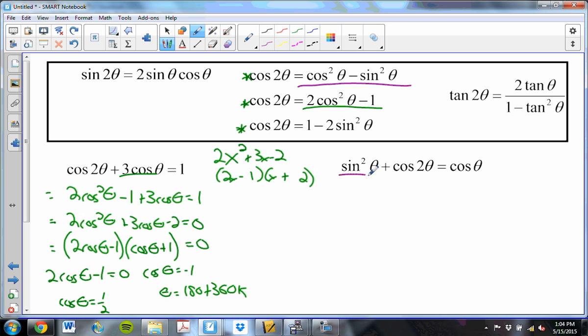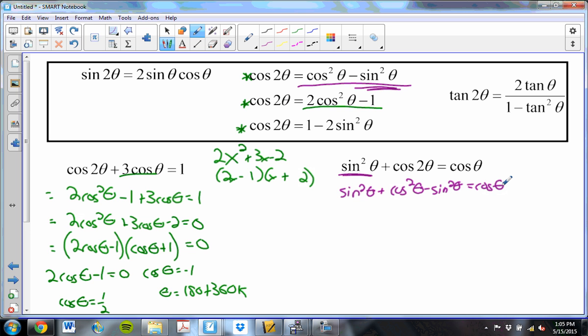I'll end up doing a sine squared minus a sine squared, and that's really nice. So I'll try that. So this becomes sine squared theta plus cosine squared theta minus sine squared theta, and that's equal to cosine theta.